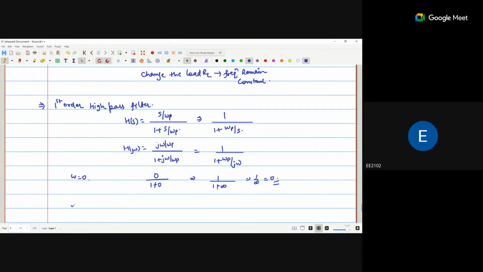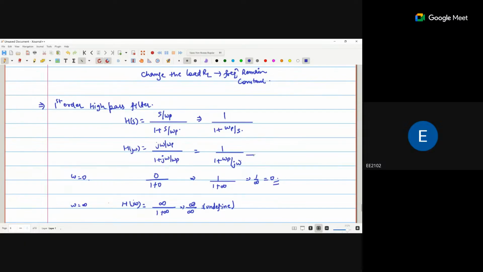If omega is equal to infinite, so H of j omega is infinite upon 1 plus infinite, so infinite upon infinite. That is undefined, so you have to use L'Hospital's rule.